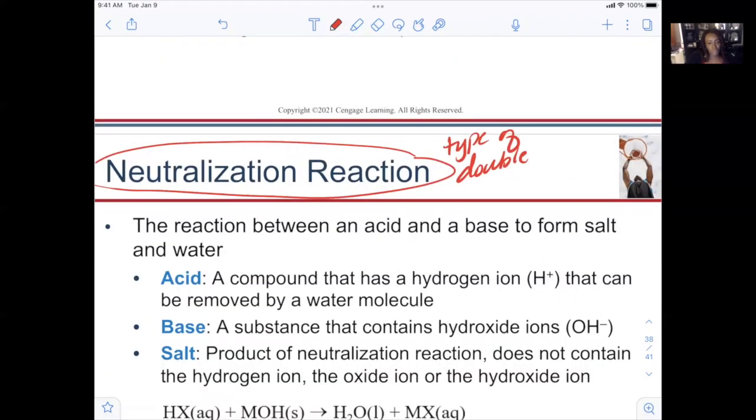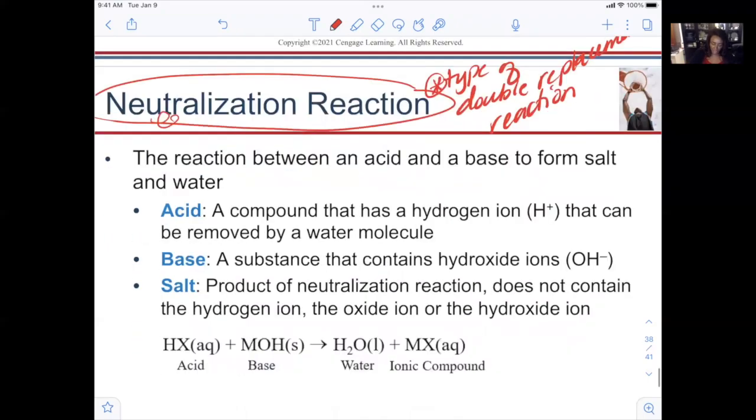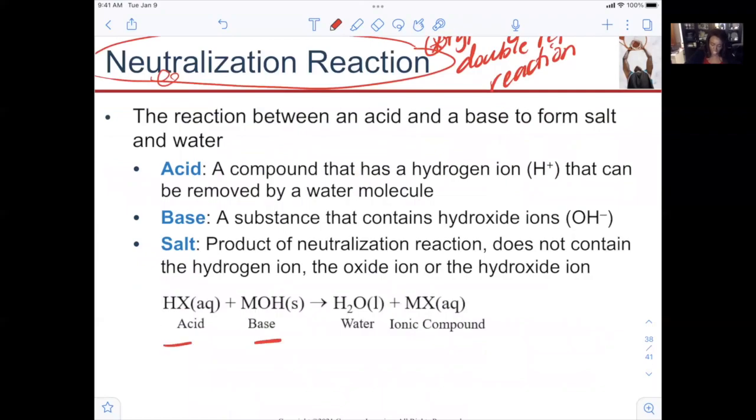Some books use replacement or displacement. Double replacement is what you use in your book. The point is one is going out and the other one is coming in. Neutralization reaction follows the format of double displacement reaction. So in the end, you have compound plus compound giving compound plus compound. That's the bottom line. What these compounds are determines whether you have neutralization or precipitation.